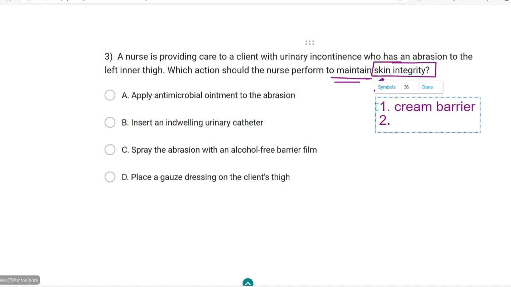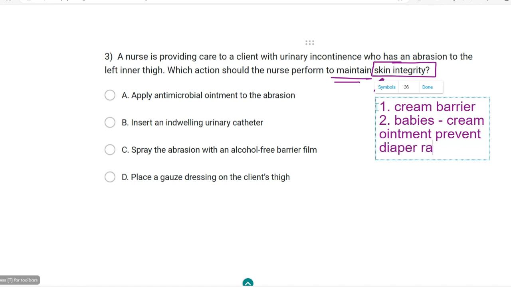That way the barrier doesn't allow the wetness or the moisture to absorb into the skin and keep the skin wet. I think about babies. When I had my little babies, we would have to have ointment or diaper rash cream. So we would put cream and ointment to prevent diaper rash.